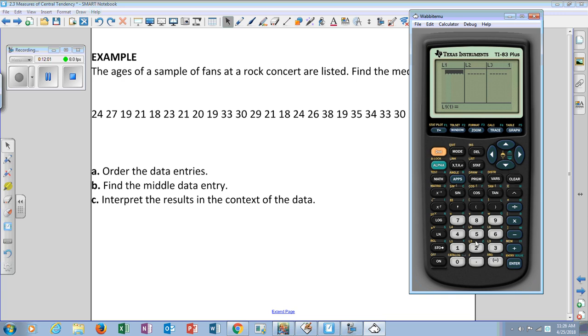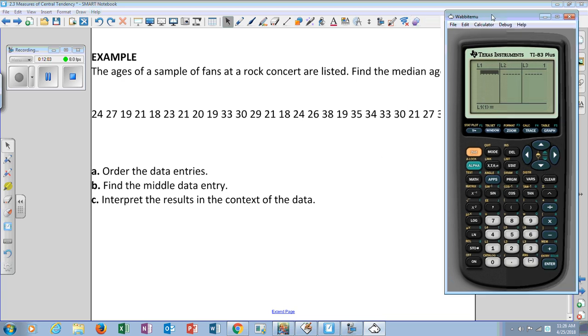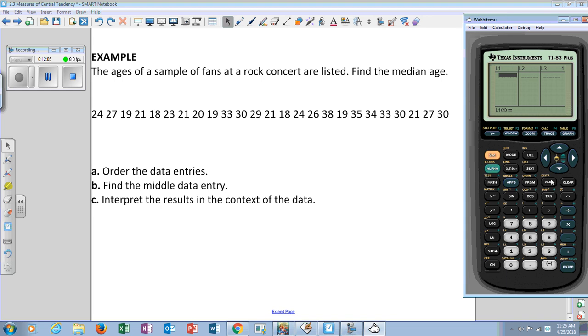So all we have to really do is enter this data in, all these data points. 24. See, I'm messing up already. If we enter them into the calculator, we don't have to put them in order.